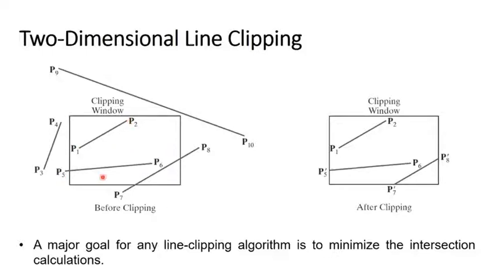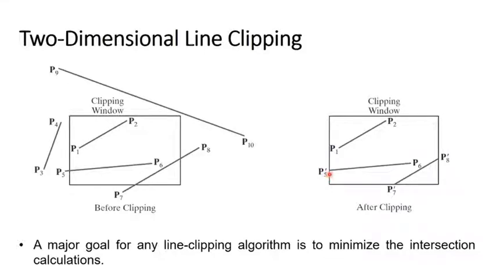Should retain this line completely because this line is completely inside the window. Should clip this line, meaning to say it should remove this small portion over here from the display, and it should consider the line from P6 to this intersection point of the left edge of the clipping window with this line. So let's say this is P5 dash.